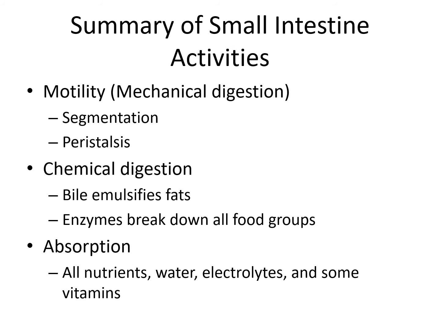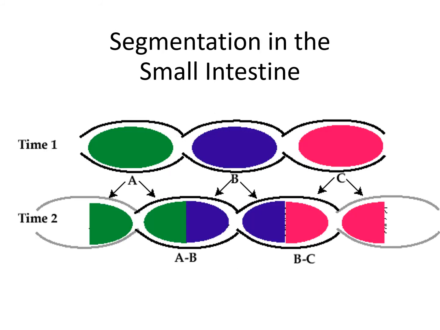So let me show you segmentation. This is a specialized type of movement that occurs only in the small intestine, and I would think of it kind of like a washing machine effect. You may see the colors here in each portion or segment of the small intestine, and they are mixed back and forth with one another. The whole goal of this back and forth movement is to help mix enzymes and food groups together.